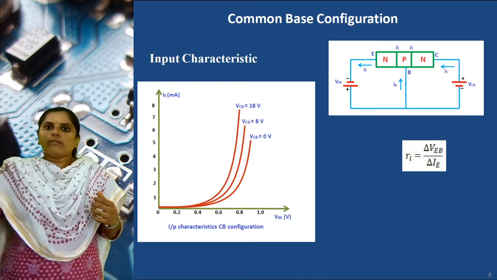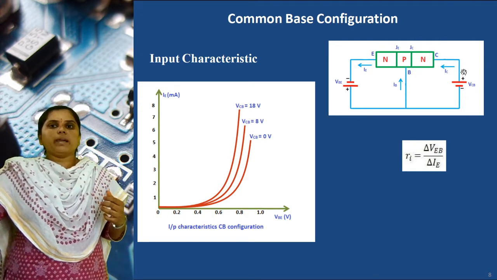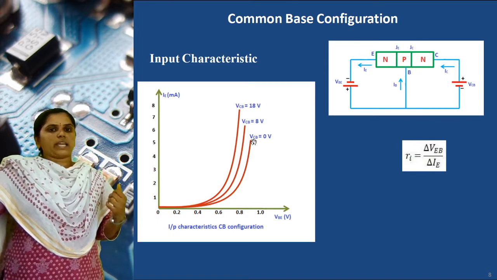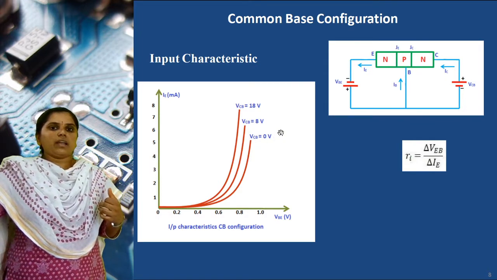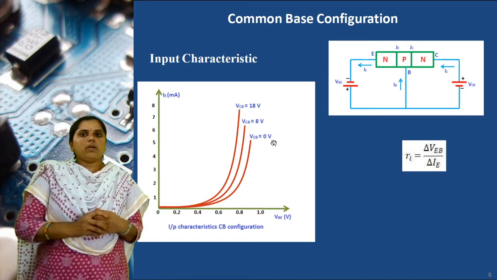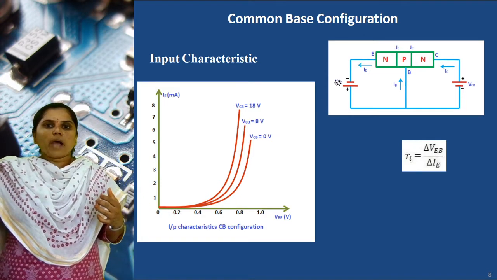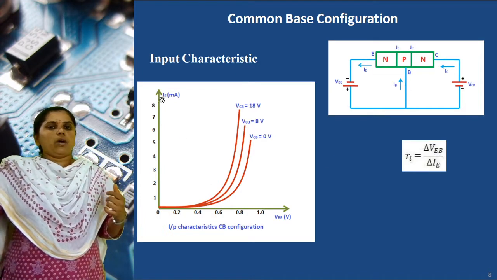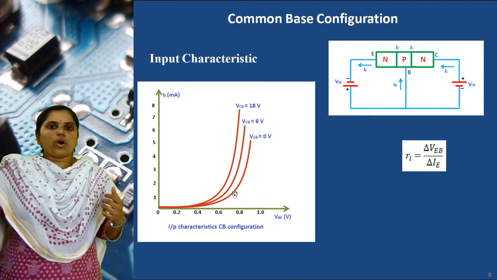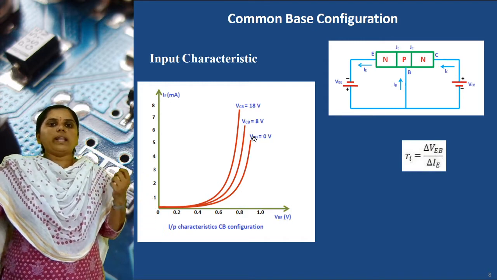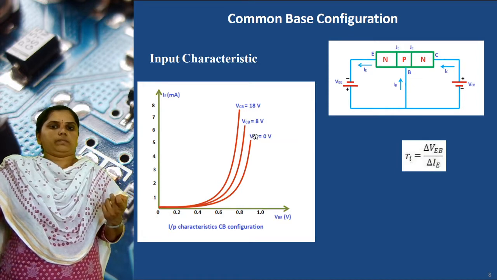So what is the output voltage in the common base? VCB. So the output voltage is kept constant. Initially the output voltage VCB is equal to 0. Then you vary the input voltage, and you can get the input current. So you can draw the characteristics in between VEB and IE when the output voltage is 0 here.